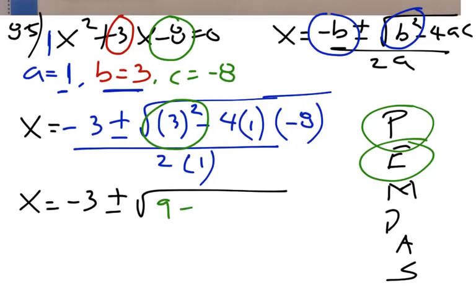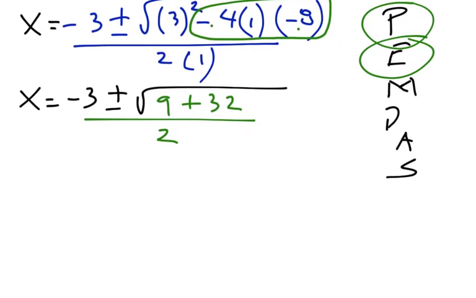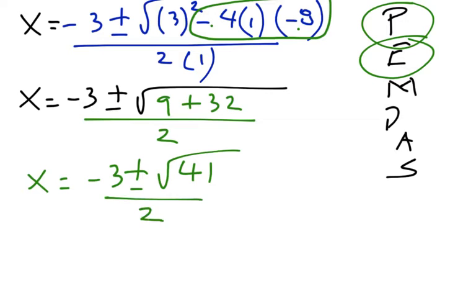Minus 4 times 1 times -8. -4 times 1 times -8 is going to give me positive 32. All that over 2. X equals -3 plus or minus, inside the radical, 9 plus 32, 41, over 2.